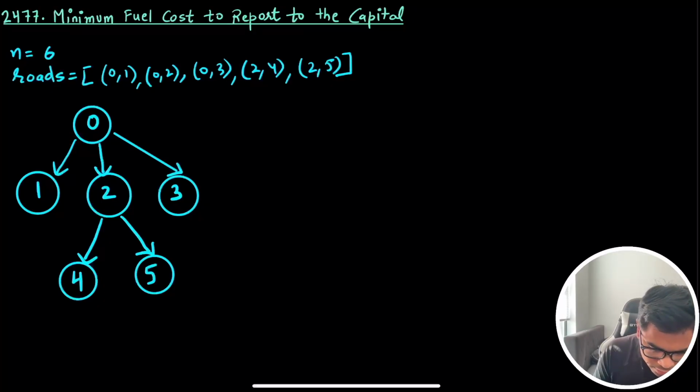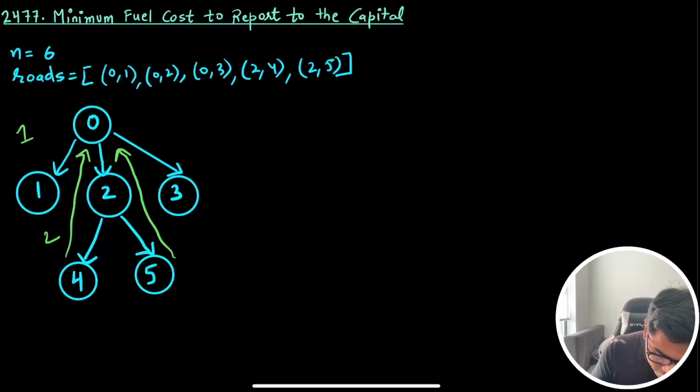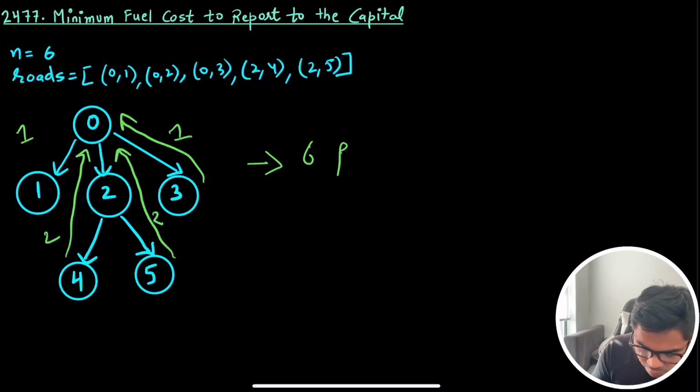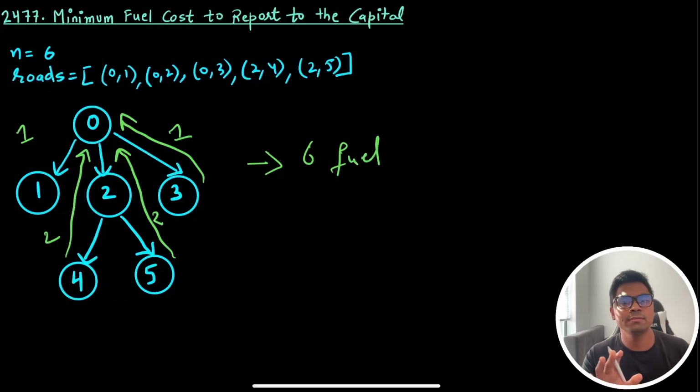So this will take 1 liter to get to the city, this will take 1, this one 2 liters, this one 2 liters as well, and this will also take 1 liter. So in total it's 6 liters of fuel, if we don't do any carpooling.